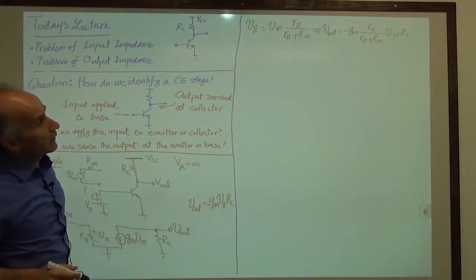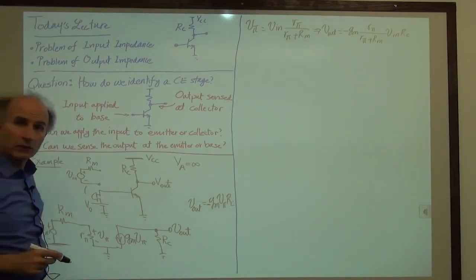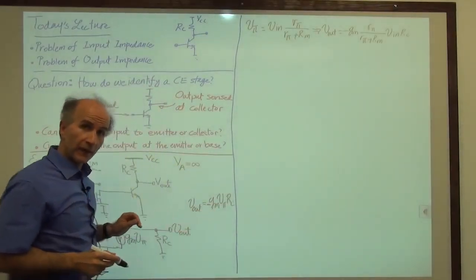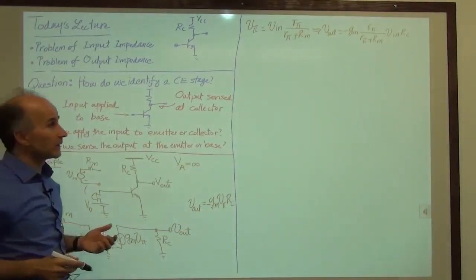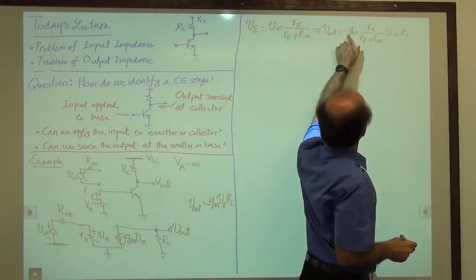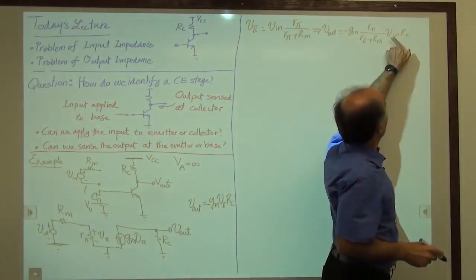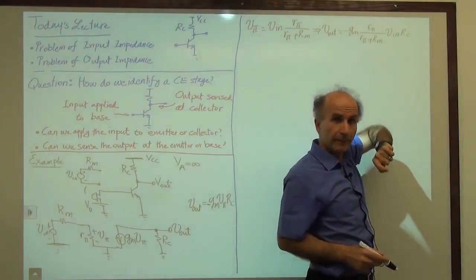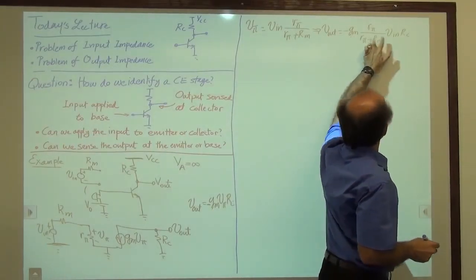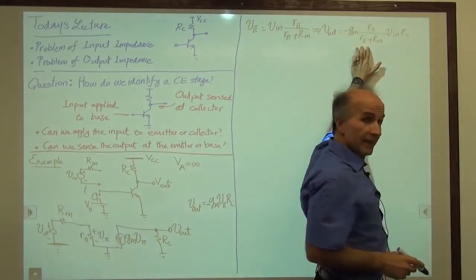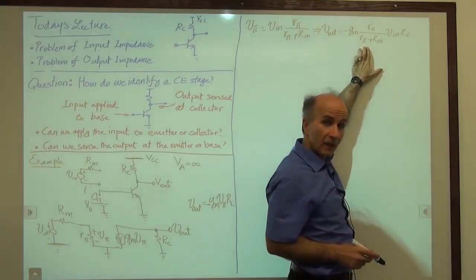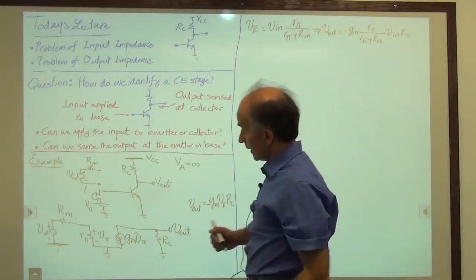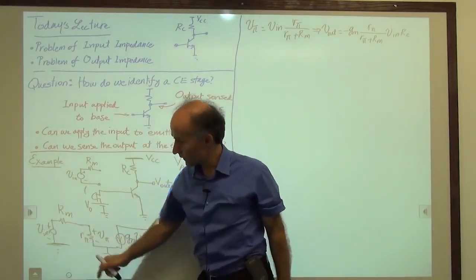If we contrast that equation to our previous result, when Rm was 0, we had minus Gm times Rc times the input giving us the output. The gain was minus Gm Rc. But now this minus Gm Rc is multiplied by a number less than 1. So the gain is reduced as a result of this division between this resistor and this resistor.